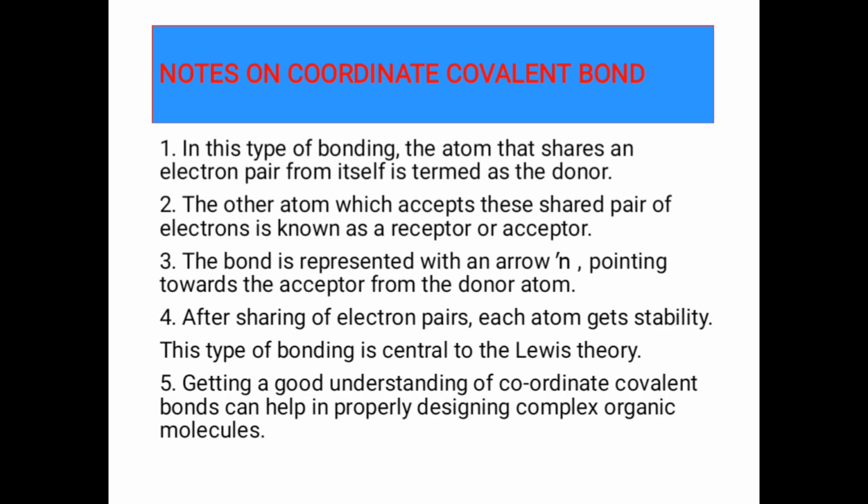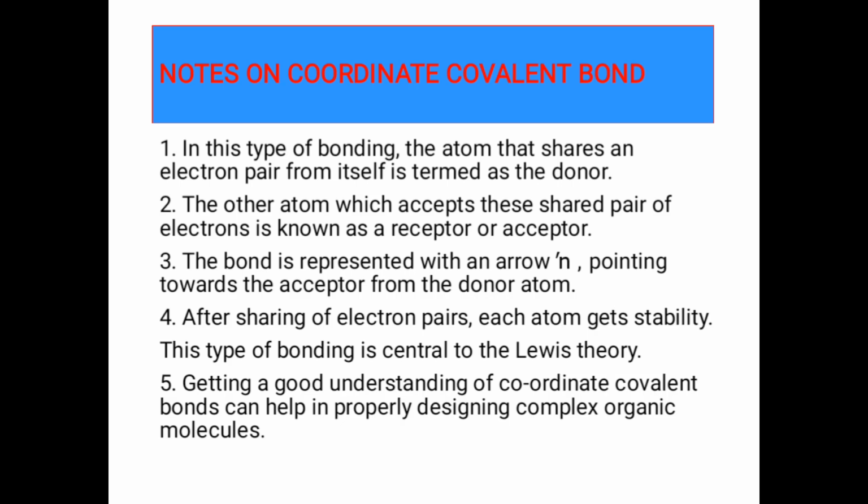So in coordinate bonding, you have the donor and the acceptor. Number three is that the bond is represented with an arrow pointing towards the acceptor from the donor. We want to show that the electrons that are used for pairing are coming from the donor towards the acceptor. So we must show that arrow there.